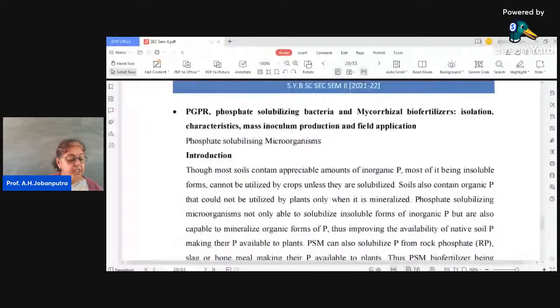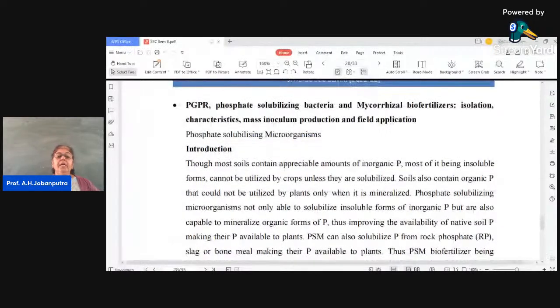Next one is PGPR, plant growth promoting rhizobacteria. In this come phosphate solubilizing organisms and mycorrhizal biofertilizers. So phosphate solubilizing microorganisms are able to convert the insoluble form of phosphate which is present in the soil.